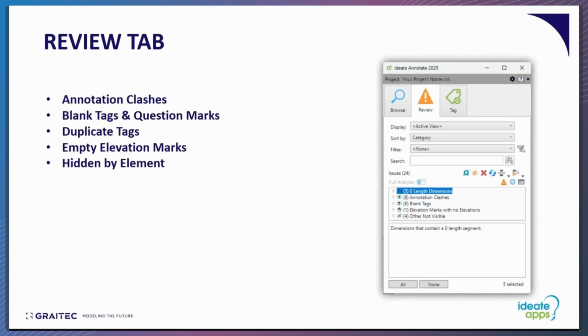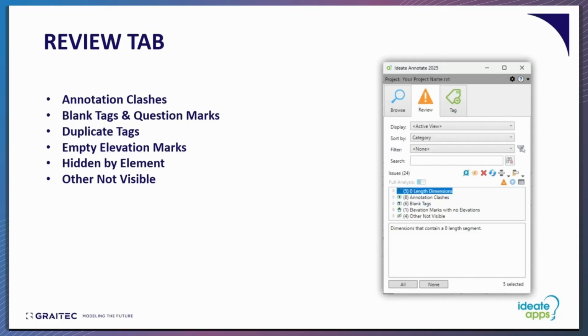What else can we do? Hidden elements. So it will find things that you didn't intend to actually hide. Other elements include anything else that's not quite visible. So the annotation clashes, the blank tags, it offers the ability to zoom in on those and see what the problem is and actually fix them as well.